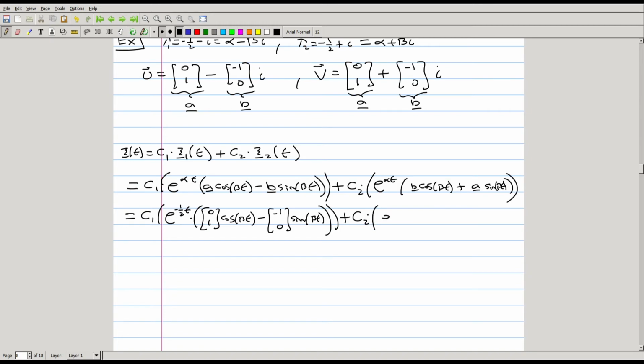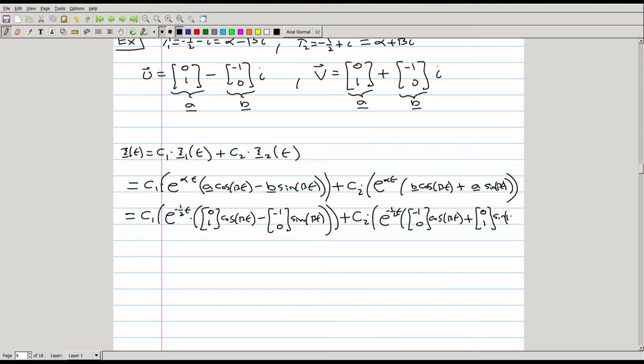And then same thing here, alpha is negative 1/2, b is negative 1, 0, and a is 0, 1. The beta value is very simple.